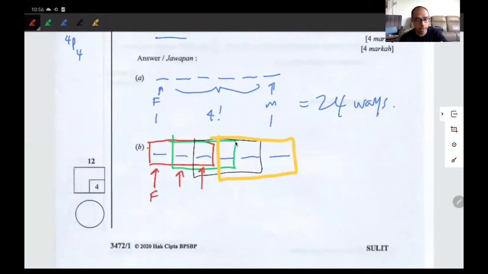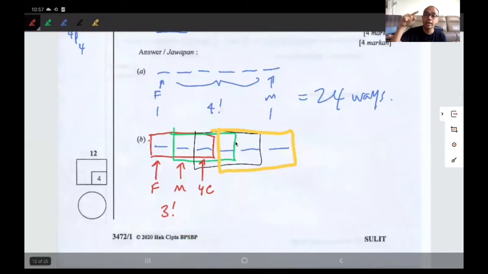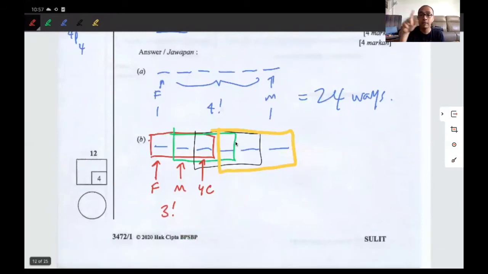Since all these 3 can be changed equally, you get 3 factorial, because it doesn't say. It can be father, mother, youngest child. It can be father, youngest child, mother. It can be mother, youngest child, father. You get what I mean. So we have to change the 3 people around first. And then we have to times 4 because there are 4 ways of them sitting together.